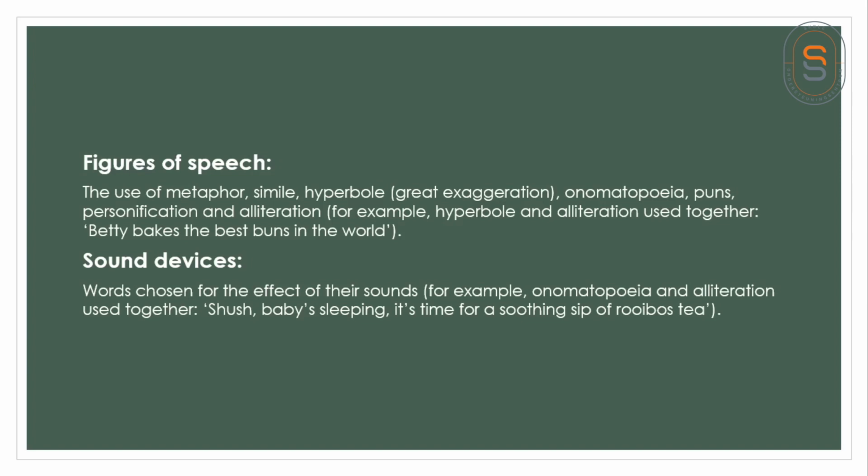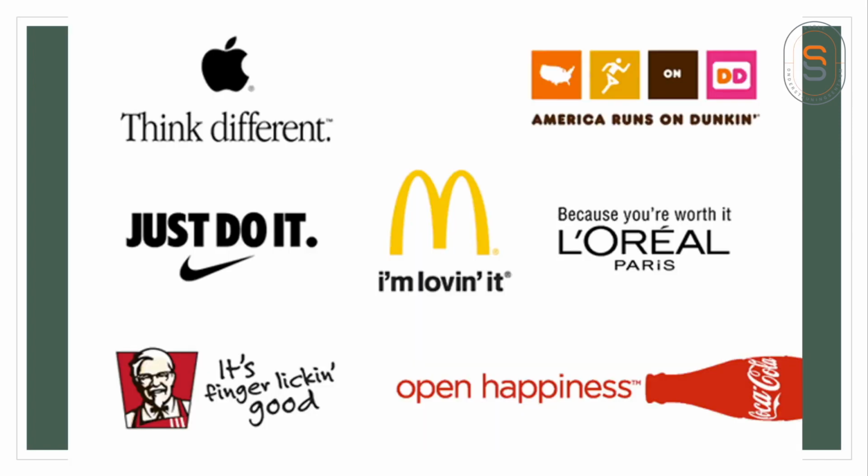Here we have the slogans I spoke about. Those are the words that are specifically associated with a certain product. If I say think different, you immediately think of Apple. Just do it would be Nike. It's finger licking good, KFC, Kentucky Fried Chicken. I'm loving it is McDonald's.